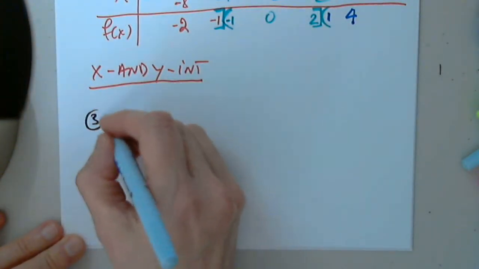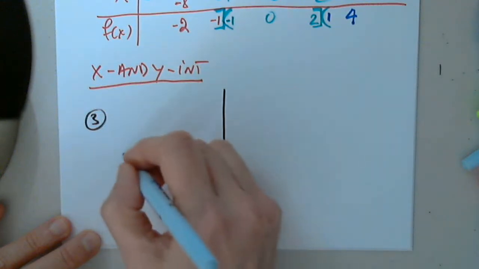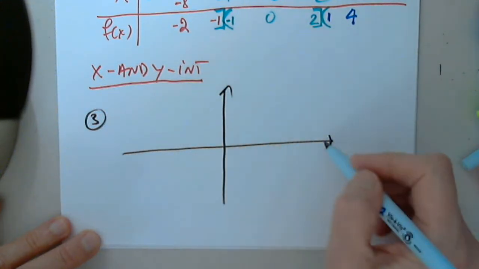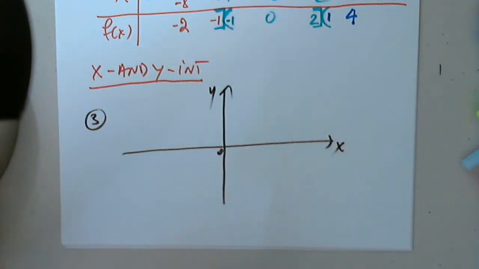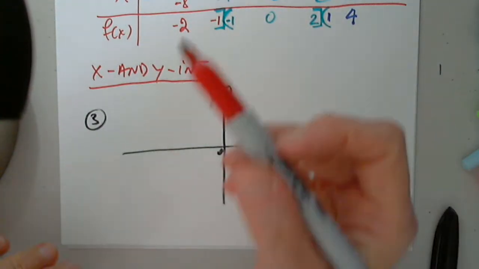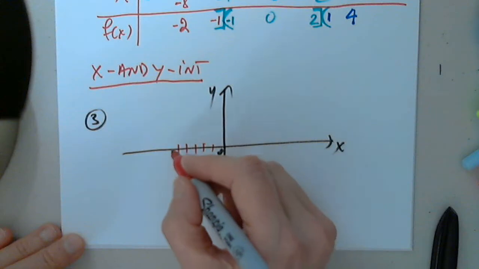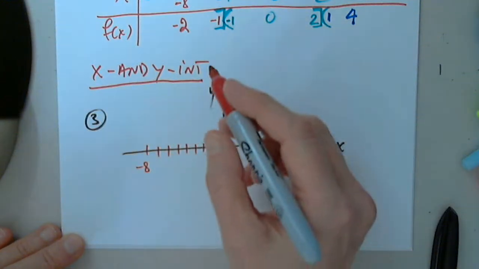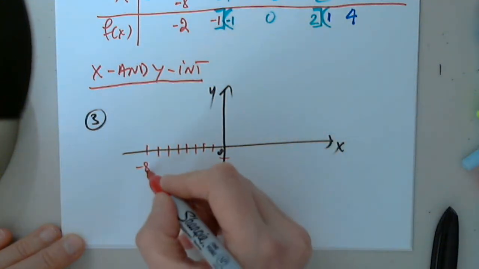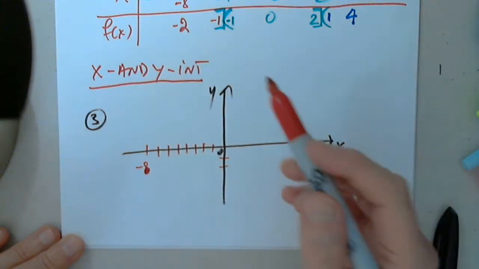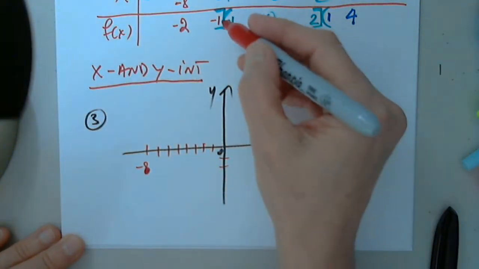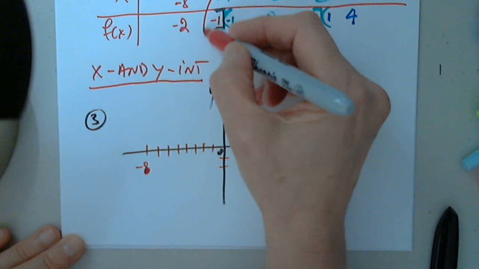Okay, so step number 3 is the graph. Okay, again, 1, 2, 3, 4, 5, 6, 7, 8, and -2. So this is 1 point right here. -1 is -1 because there is a bracket here. This is a full point.